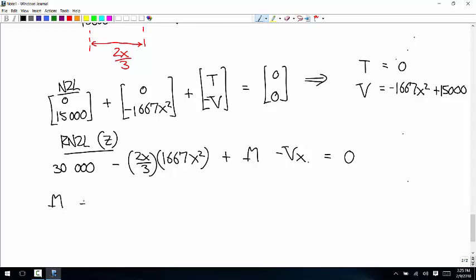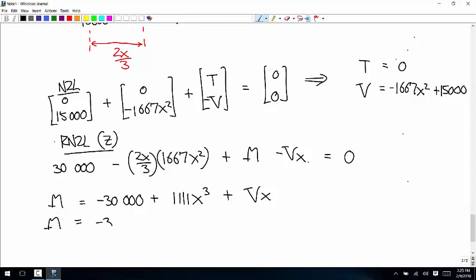So m is equal to negative 30,000 plus 1111x³, I think, right? And then plus vx. And we can substitute the function that we got for v in for v in that equation.